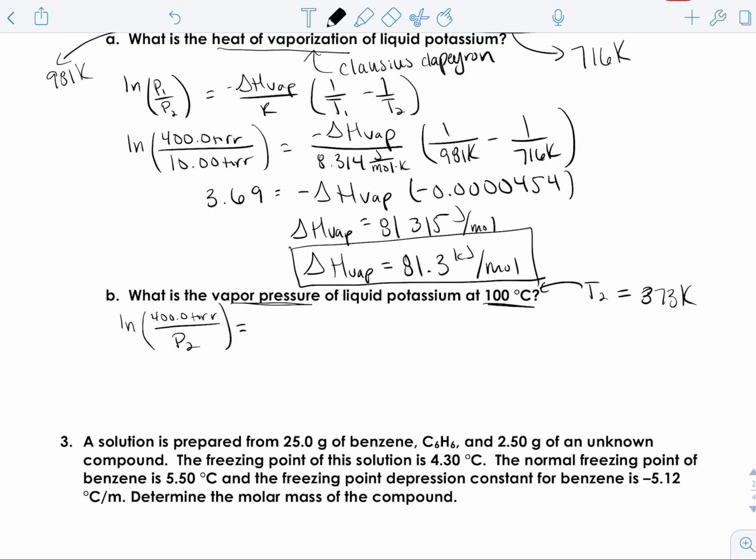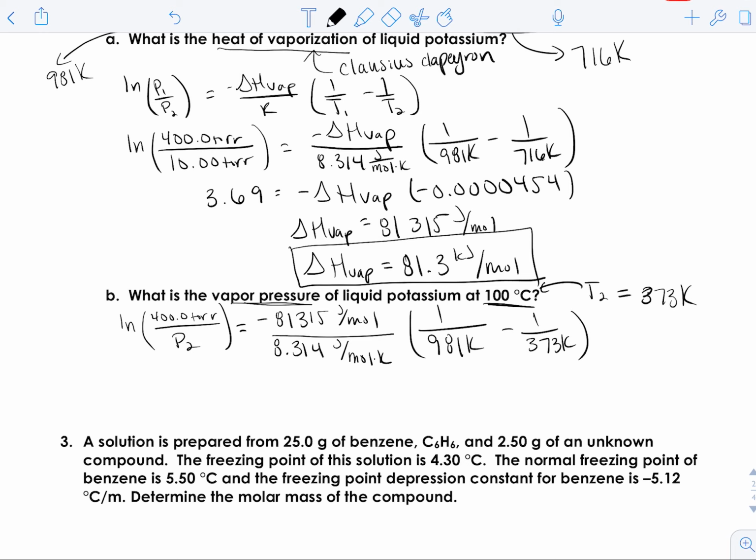Okay, so that would be equal to negative 81,315 joules per mole, making sure that our delta H vap is in joules per mole, because our R value, 8.314, is also in joules per mole Kelvin. Okay, then we multiply that by our T1. I kept my P1 the same, I'll keep my T1 the same, and then my T2 is at 373.